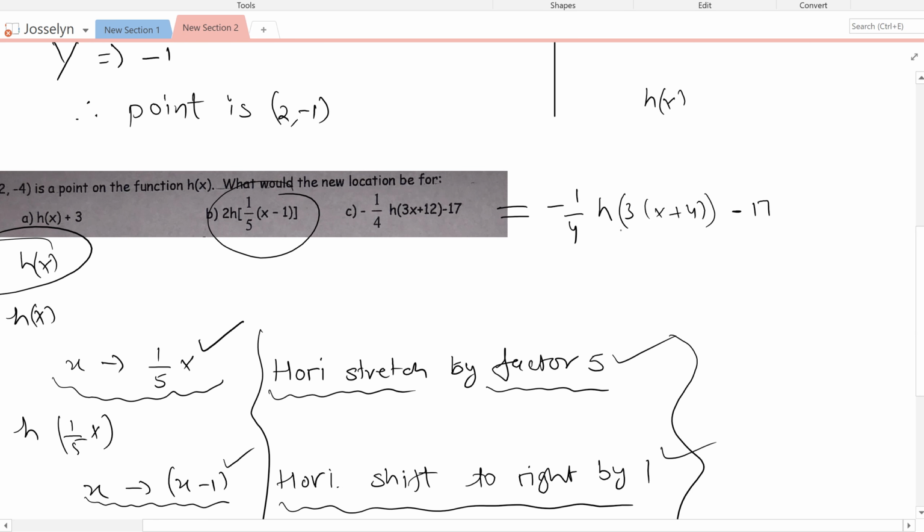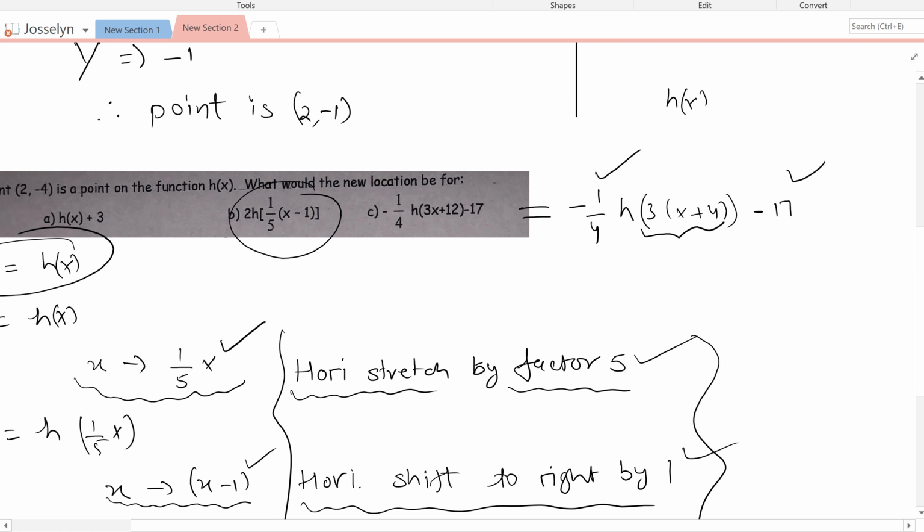So these are all horizontal transformations, and these two are vertical. So your x is facing a compression by 1/3, and let me write down my point. That's my point. So my x is facing a compression by 1/3, so you divide it by 3, and then it's going left by 4, negative 4.